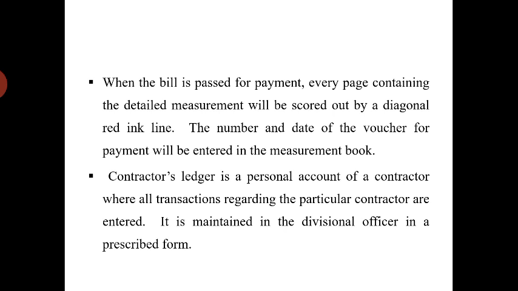The contractor ledger means whatever the quantities are there in the measurement book have to be transferred to the contractor ledger. In that, he has to mention the quantity of work executed, what the measurements are, and how much quantity of work is there. Both should match the contractor's measurements, and they have to match each other.